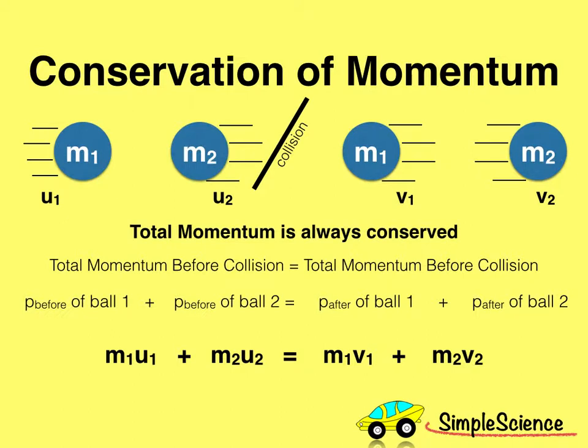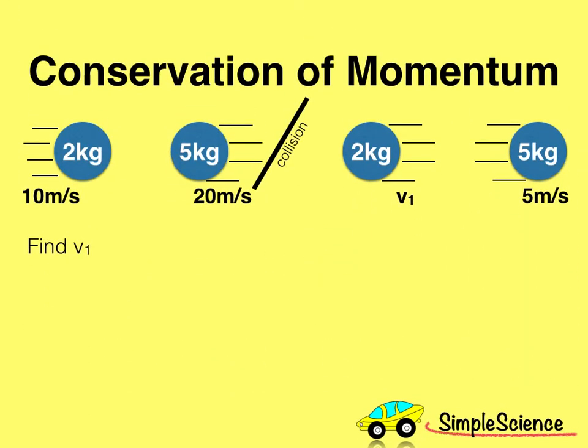And the momentum of the particles after is m1v1 and m2v2. Now this equation is very important, the one in bold, and you must remember it for any situation that involves two particles colliding and separating. Okay? Good. Now let's come to an example.